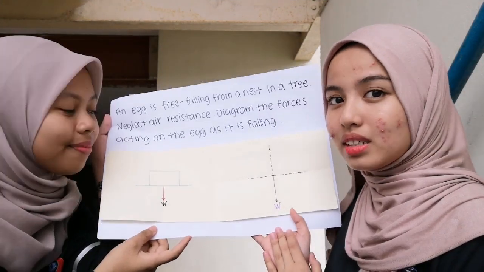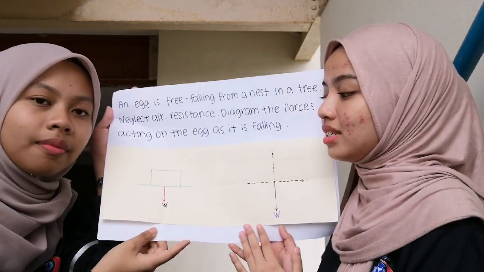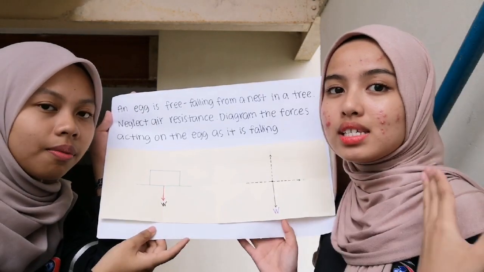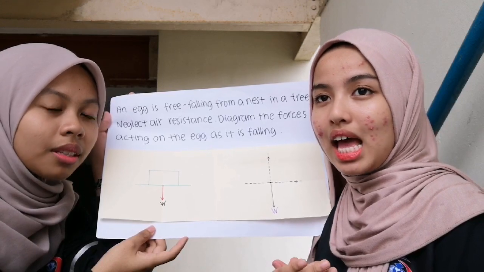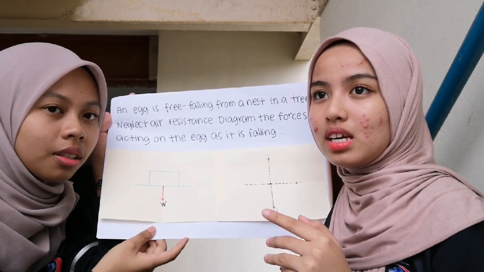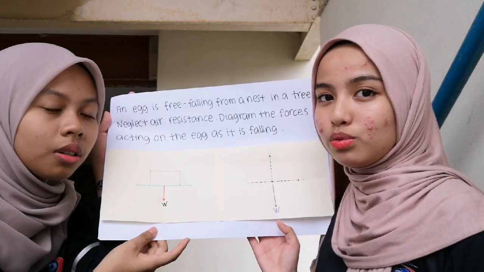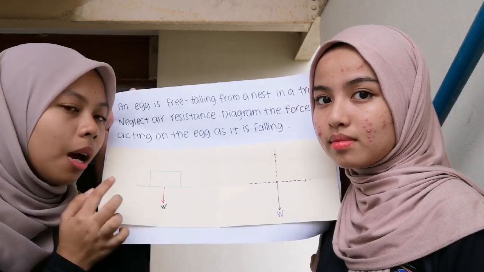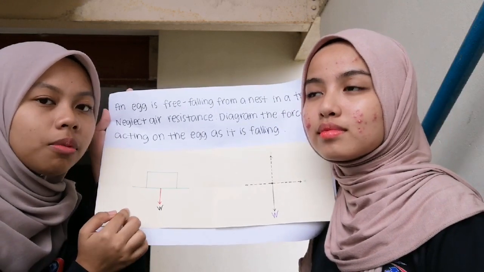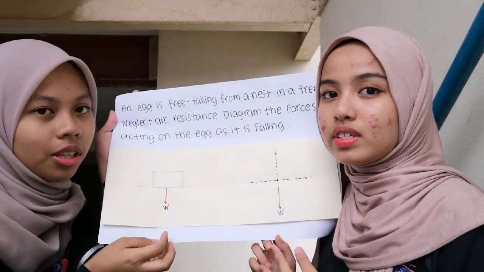It is free fall, so the possible force acting in this situation is the weight force. Why? Because the egg has mass and, due to gravity, it is pulled downwards, in which the equation is W equals mg, where m is the mass and g is the gravity.